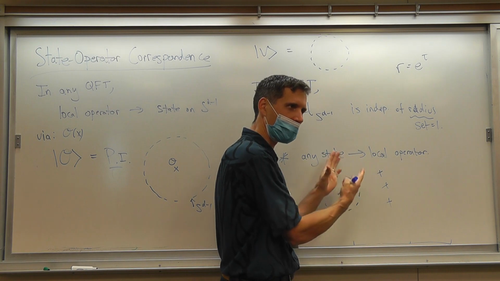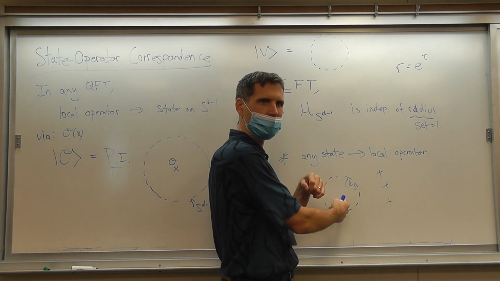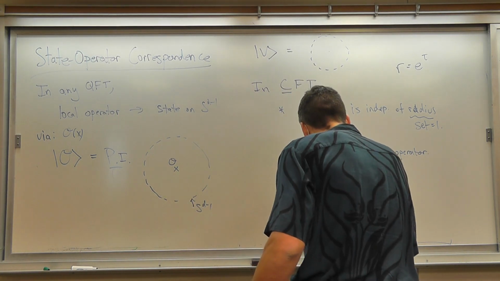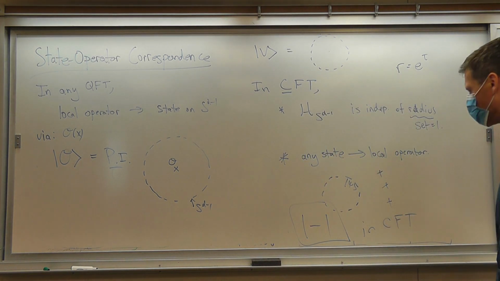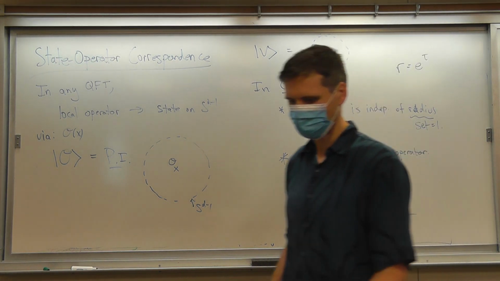We can define a local operator by inserting this state at a point into a path integral. So the point is that in CFT there's a 1-to-1 correspondence between states and local operators. This is not true in ordinary, regular quantum field theories. Okay, let's stop there for today.